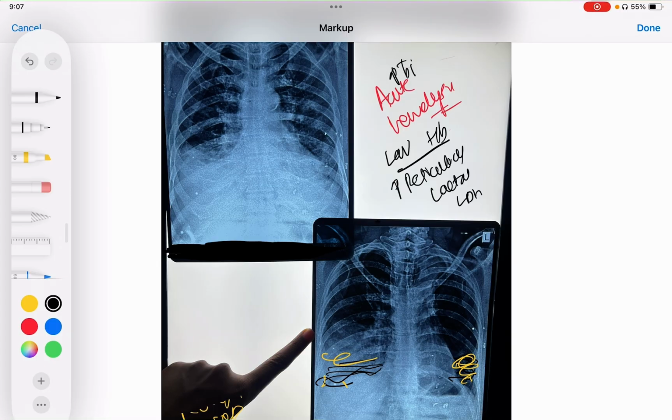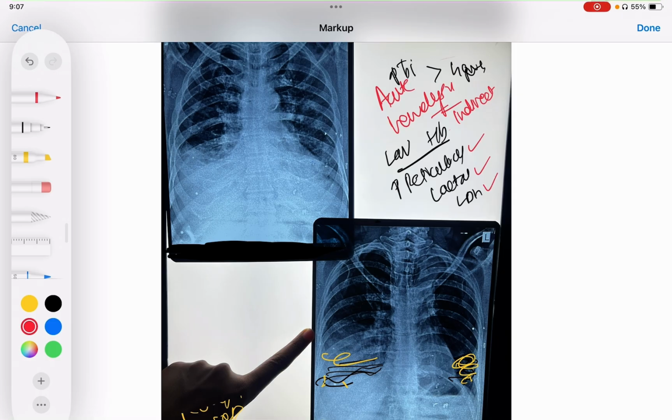Most of the time in hemolysis bilirubin usually increases, but usually doesn't go beyond 4 milligram percent, and it is always the indirect hyperbilirubinemia if it is hemolytic anemia.